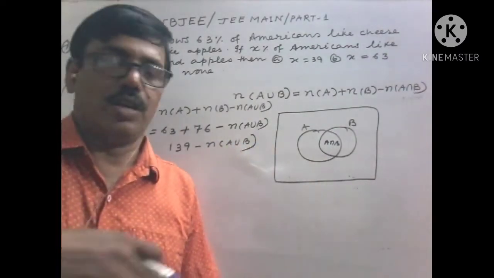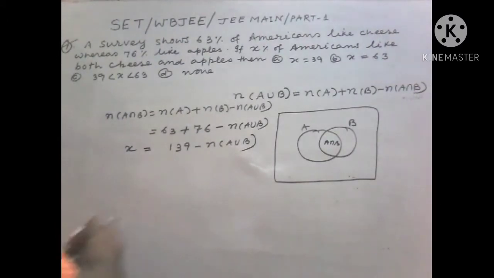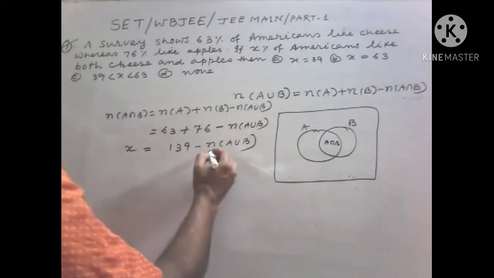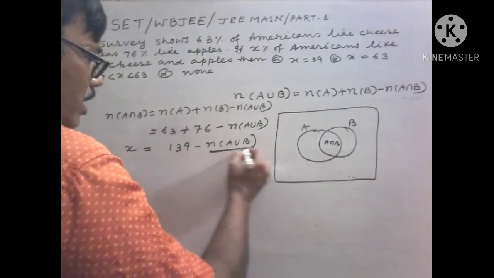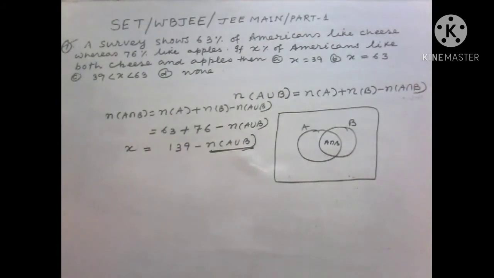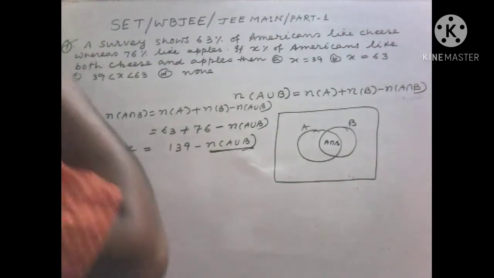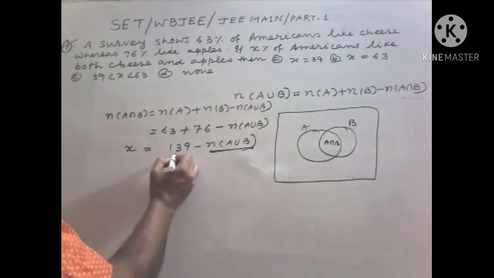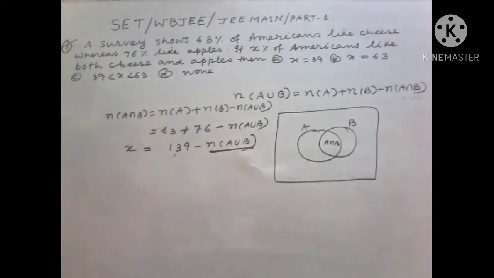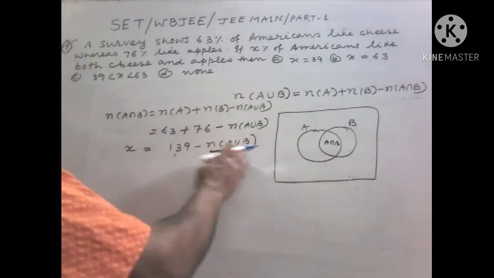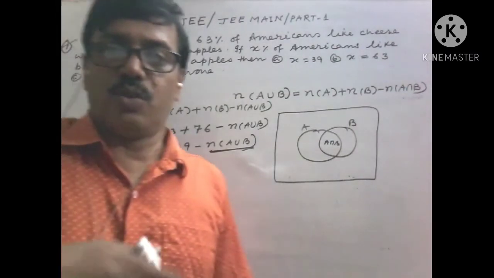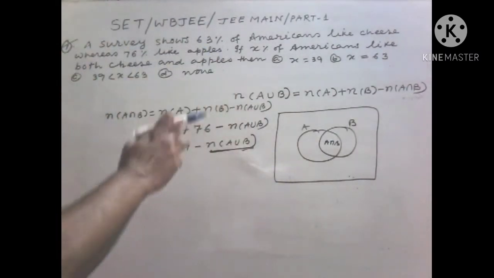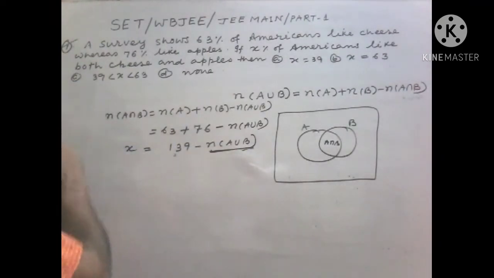Now, look. x is minimum when A union B is maximum. So, look from the figure, x equals 139 minus this. The total is 100%. So, when A union B is maximum, then x is minimum.